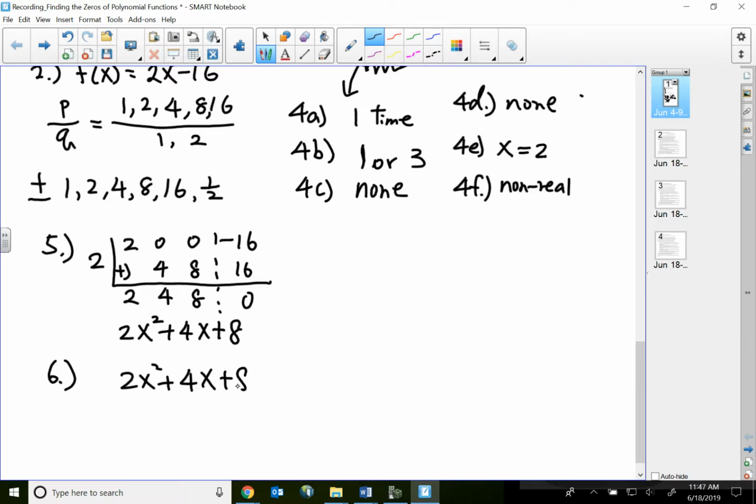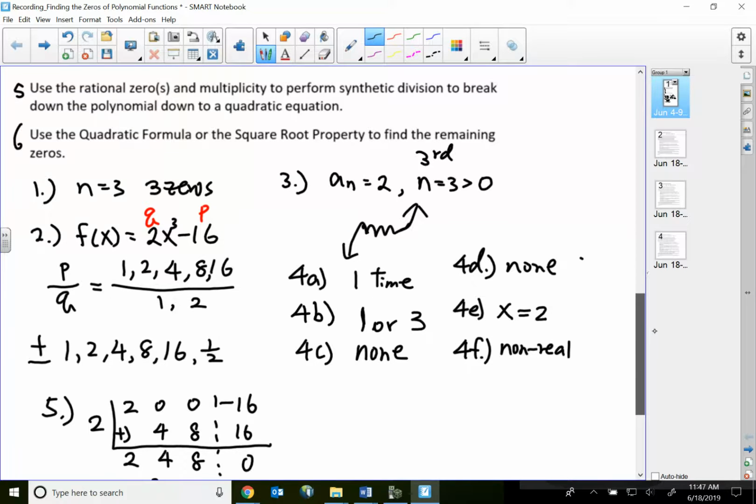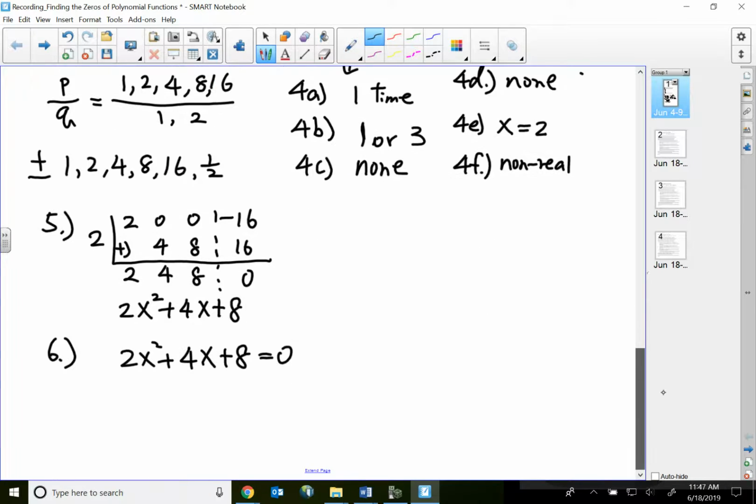So from here, if after I solve my quadratic equation, my answers are still 2 and 2, that means my multiplicity is 3. So that implies that the other 2 zeros are actually the same as the 2. It's not the non-real. So this one, step number 6, solving using quadratic formula or the square root property.